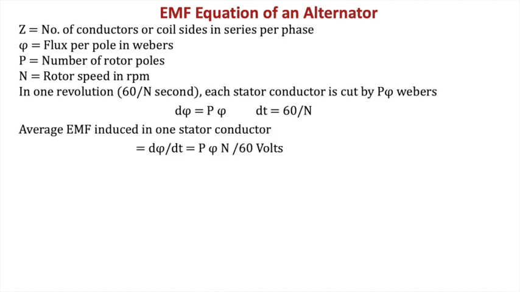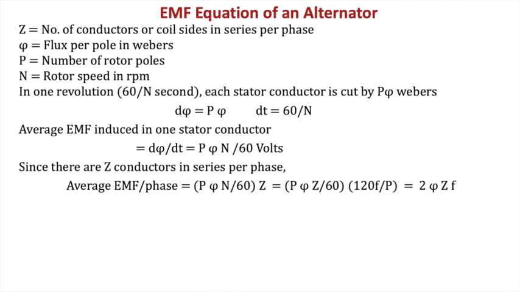So the average EMF induced in one stator conductor will be d phi by dt, as per the law of electromagnetic induction. Substituting the values, you will get P phi N/60 volts. Now this is the average EMF.